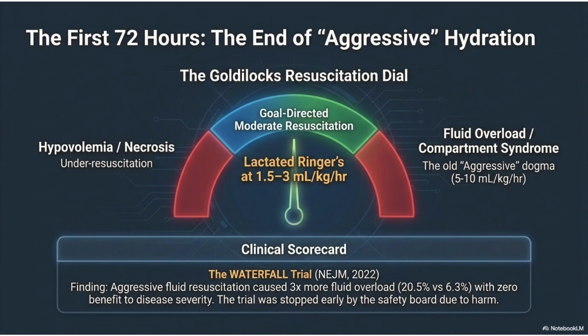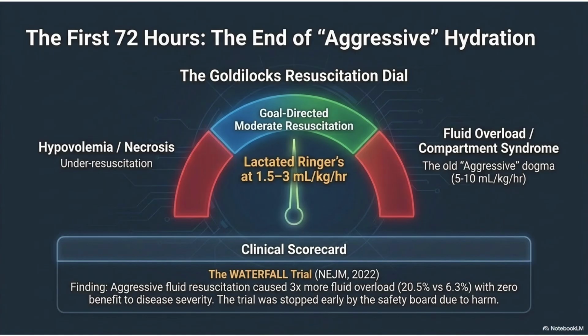The findings of this trial, now this is important to understand, suggested that aggressive fluid resuscitation caused 3 times more fluid overload. They saw 20% versus 6.3% fluid retention rate in patients that were treated with aggressive fluid in acute pancreatitis.